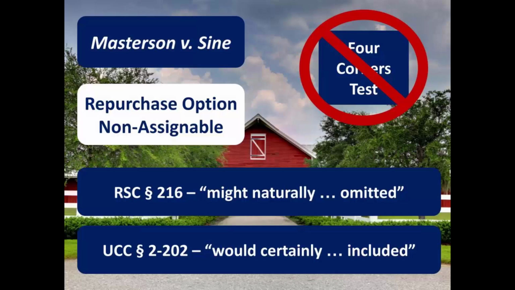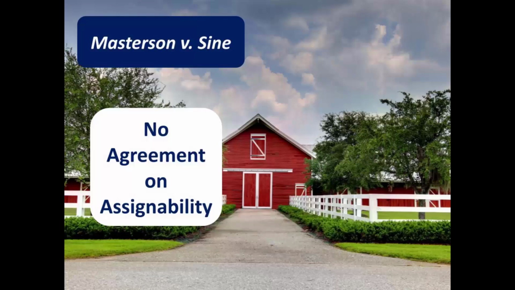As you can see from the formulations of these tests, the UCC's permissive approach more readily allows proof of a parol agreement. But let's think for a moment about whether the parties in this case really had an agreement about assignability. The great irony in Masterson is that the alleged agreement was almost certainly never made or even considered by the parties.